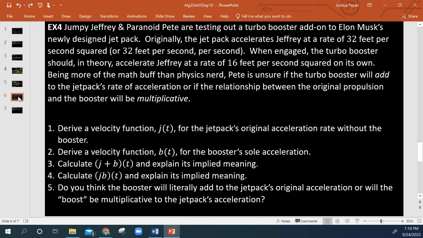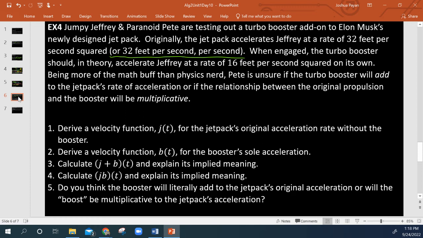So here we've got another Jumpy Jeffrey Paranoid Pete problem. They're working for Elon Musk, testing a jetpack. The jetpack accelerates Jeffrey at a rate of 32 feet per second squared, or 32 feet per second every second, right? So every second he's going 32 feet per second faster. Okay, that's what acceleration means.